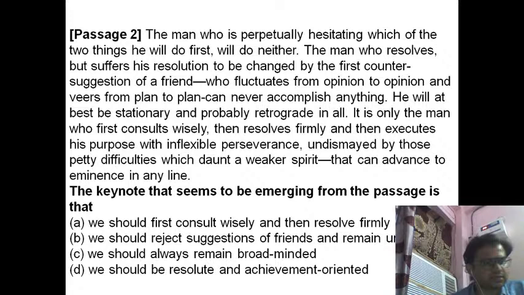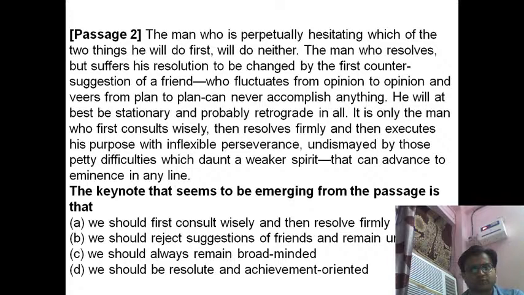So the second passage we have to discuss quickly now. Try to answer your question, your choice here. The man who is perpetually hesitating which of the two things he will do first will do neither. The man who resolves but suffers his resolutions to be changed by the first counter-suggestion of a friend, who fluctuates from opinion to opinion and veers from plan to plan, can never accomplish anything.